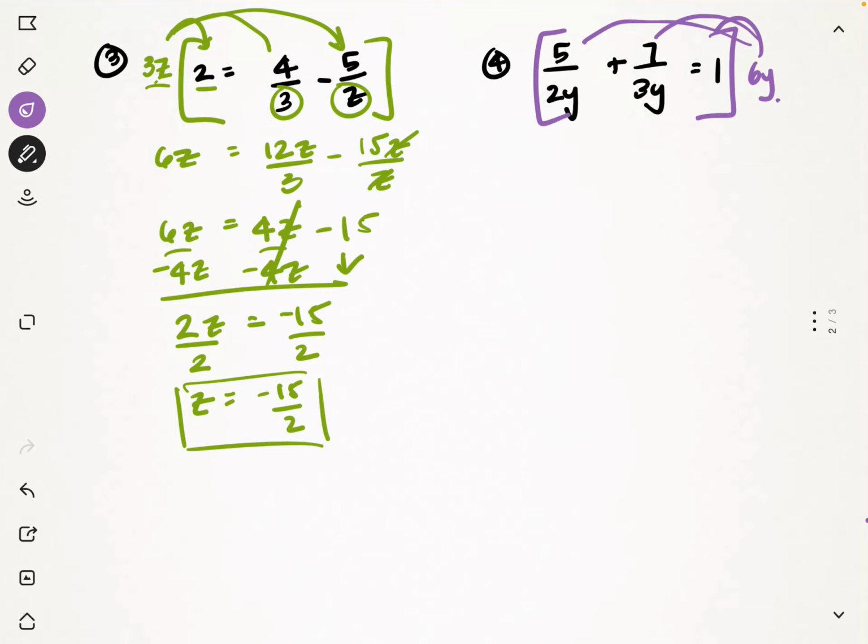So 6y times 5 over 2y is 30y over 2y. The second part, 6y times 7 is 42y over 3y. And then the last part, 1 times 6y is 6y.